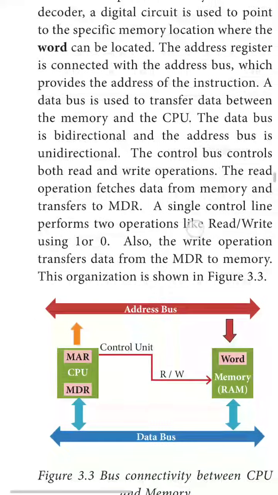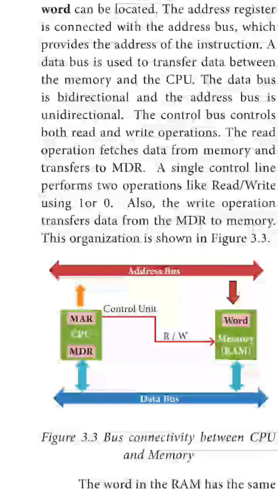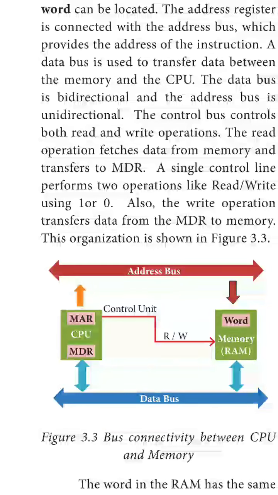Here you can see that the CPU contains MAR and MDR. MAR can access the address bus, and MDR can access the data bus. The control unit is connected with the memory or word, and it will tell whether it is a read operation or a write operation.